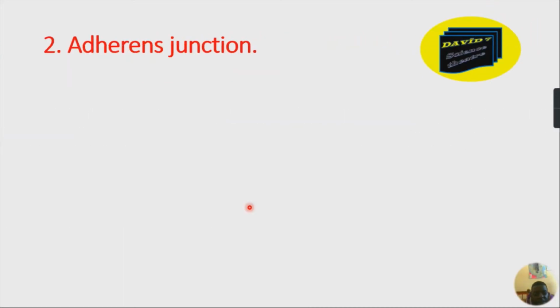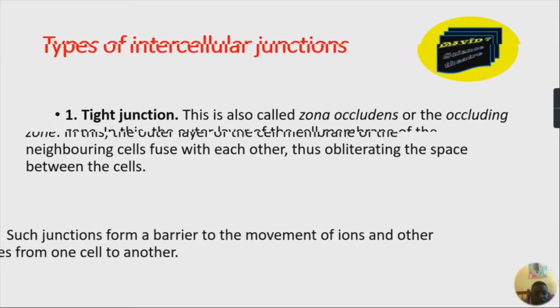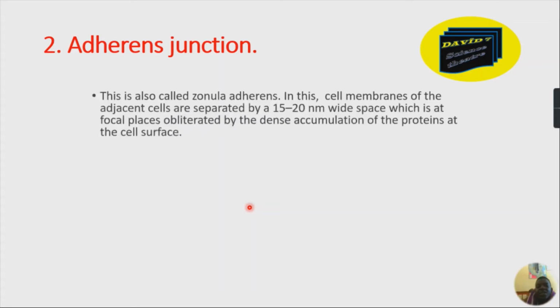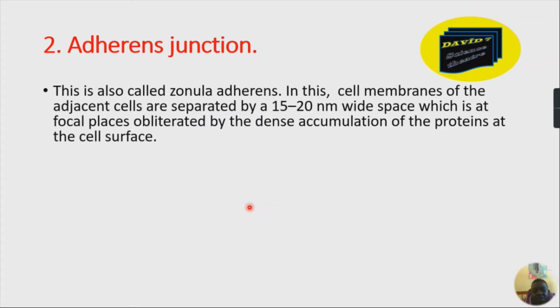Two, we have adherence junction. This was zonal occludence. Now this is adherence junction. In the adherence junction, the difference is that this, you can call it zonular adherence. And these cell membranes of adjacent cells are separated by about 15 to 20 nanometers wide space, which is at focal places obliterated by a dense accumulation of the proteins at the cell surface.